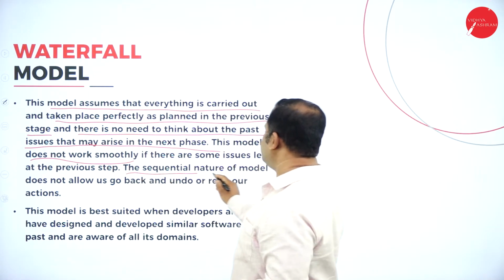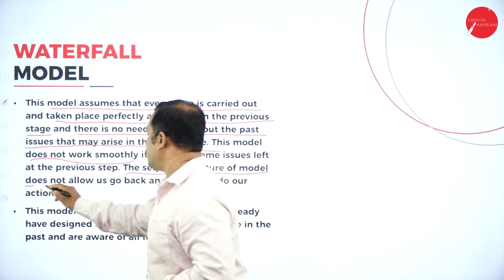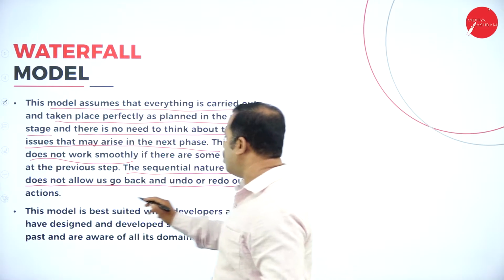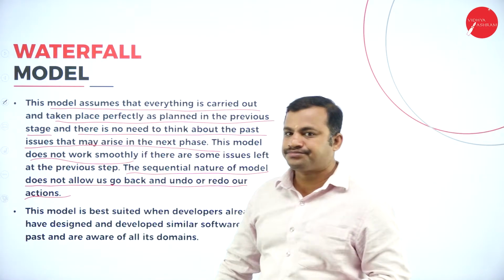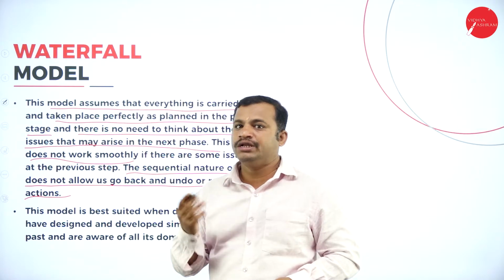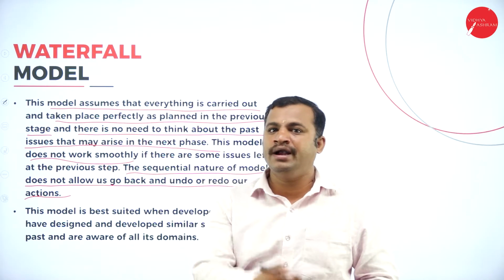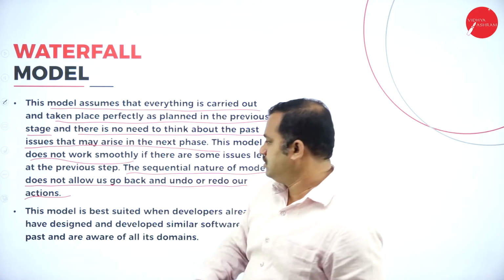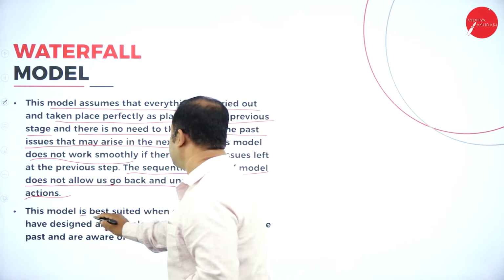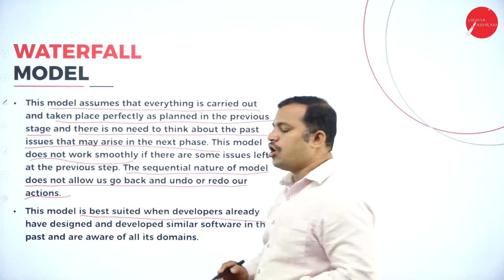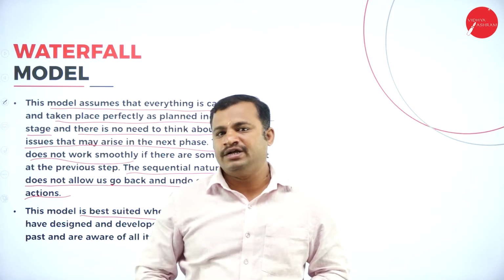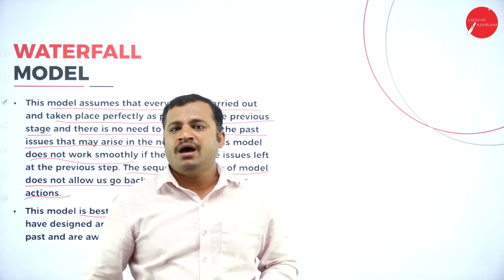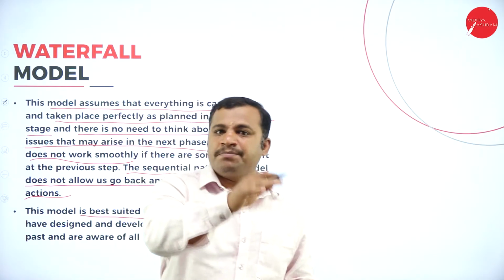This sequential nature of the model does not allow us to go back and undo or redo our actions. We cannot incorporate any changes once we go ahead, and we cannot come back and make the changes. This model is best suited when developers are already aware of it, that is, when the developers are aware of similar types of software.